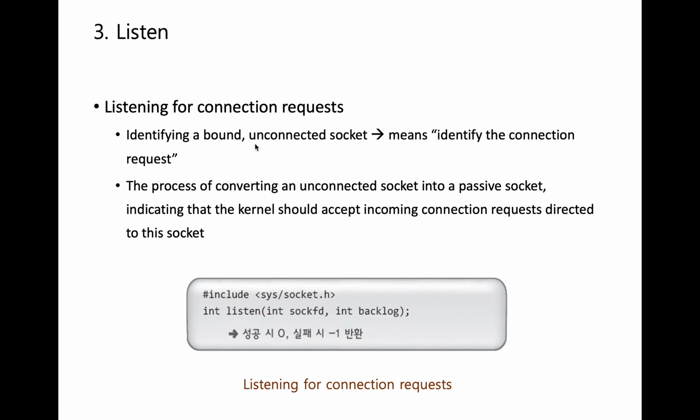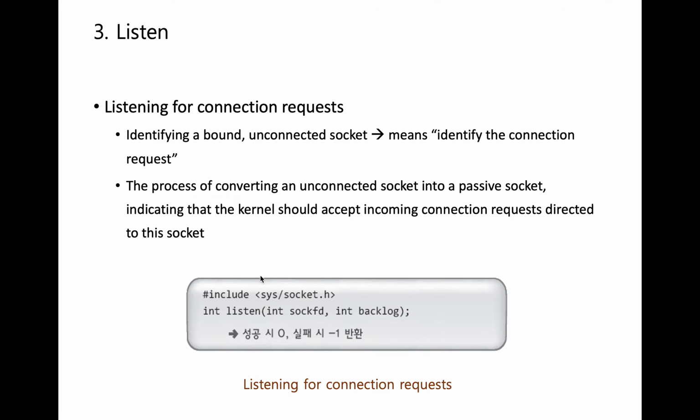It identifies a bound, unconnected socket to receive connection requests. The process of converting an unconnected socket into a passive socket indicates that the kernel should accept incoming connection requests directed to this socket. That means after calling listen, the TCP clients will be able to make connection requests.